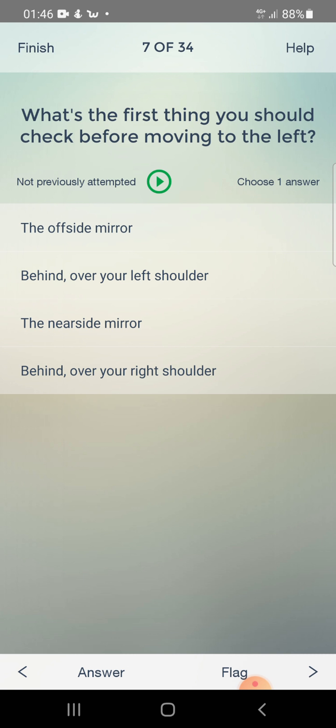So the near side mirror, the first thing you should check before moving to the left. Behind over your left shoulder. Second or third? So second or third, near side mirror.